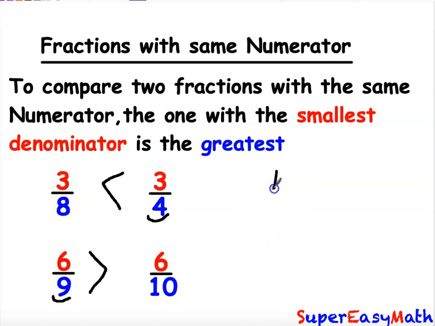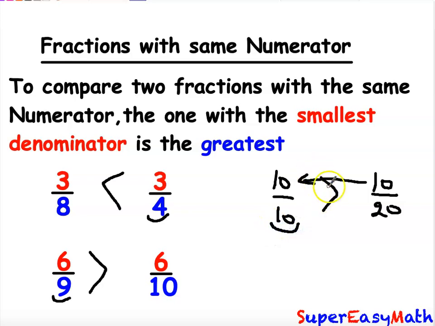The first one took 10 over 10 on the exam, and the second one took 10 over 20. We know that 10 over 10 is better or greater than 10 over 20. It's the full mark. So we can say when two fractions have the same numerator, the fraction with the smallest denominator is the greatest.